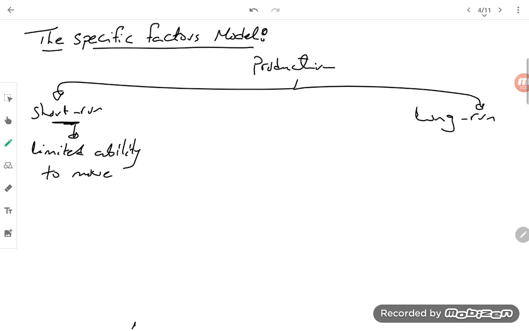While in the long run, factors of production can move from one industry to another freely without any restrictions.